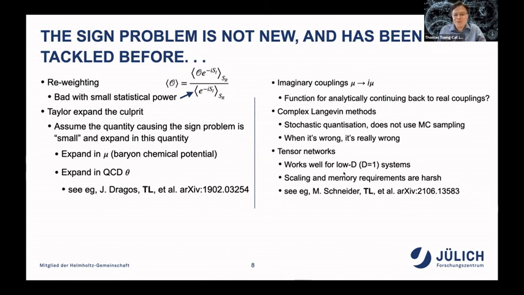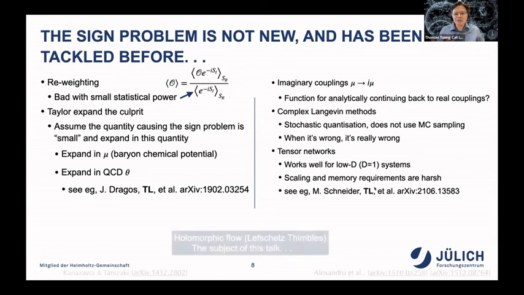But the memory requirements, even the scaling as you go to larger dimensions, can be very difficult. So I think the verdict is still out with regards to what type of systems one can push this to. But that hasn't prevented us from trying to investigate such systems. If you're interested, you can look at this paper, recently accepted, about using tensor networks to simulate the Hubbard model as well.